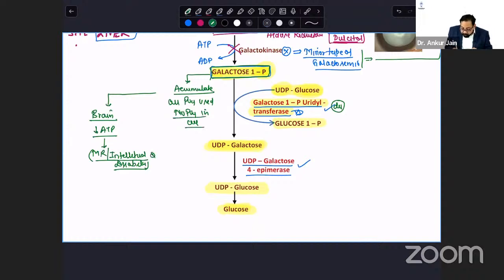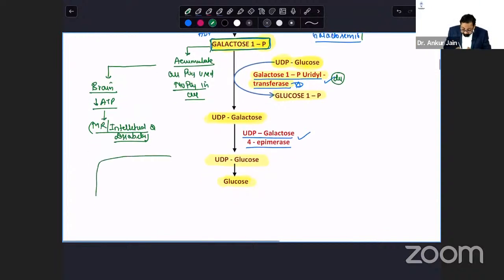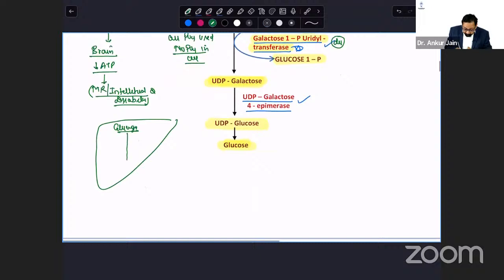If phosphate is not there, then glycogen phosphorylase will not be activated. You know, in liver, glycogen is there. In between meals, blood glucose is maintained by liver glycogen. Glycogen is broken down to glucose, and the rate limiting enzyme is glycogen phosphorylase.